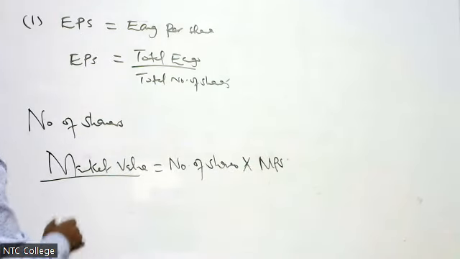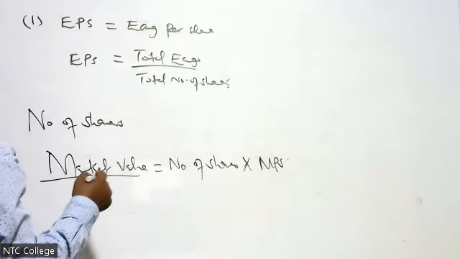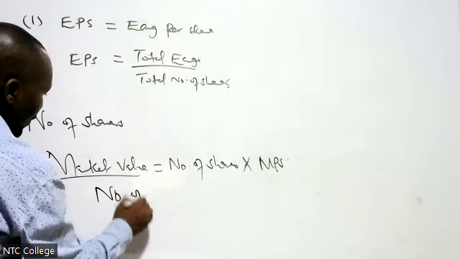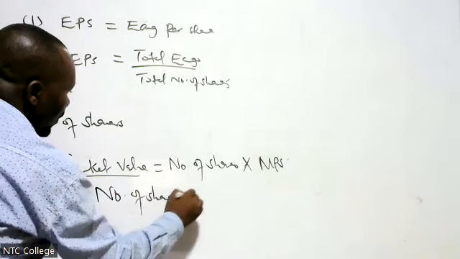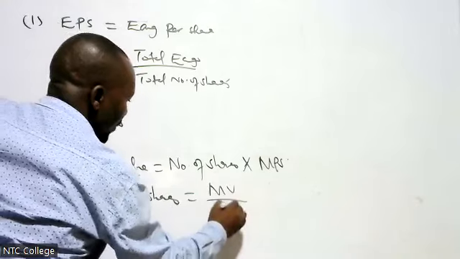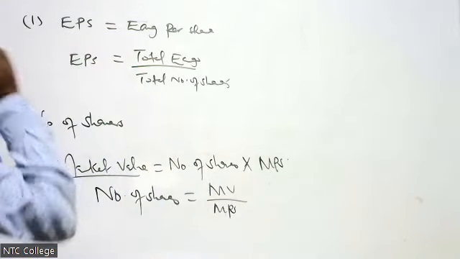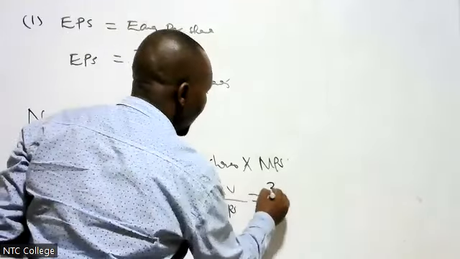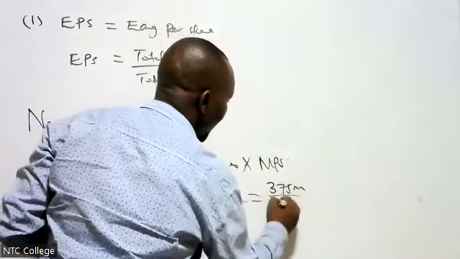So we are given market value to be 375 million. So we can say that the number of shares is equal to market value all over MPS, the market price per share. We have market price per share to be 75. So we have 375 million all over 75.